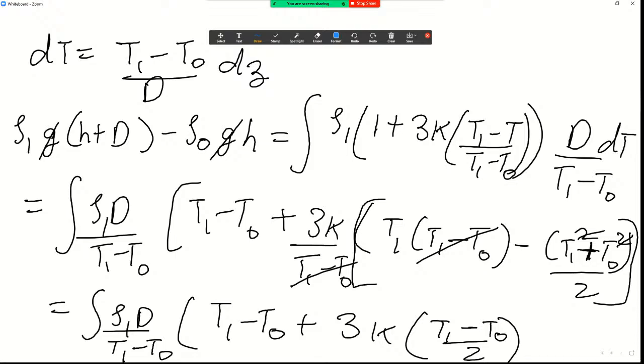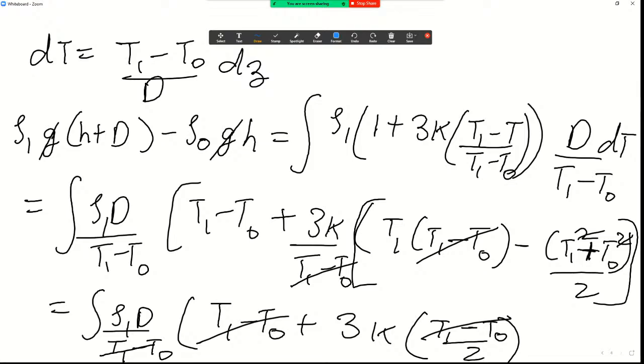Yes, and we can cancel this also. Okay, so we have rho 1 (h plus d) minus rho 0 h equals rho 1 d times (1 plus 3k by 2).